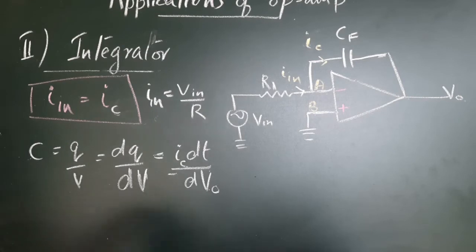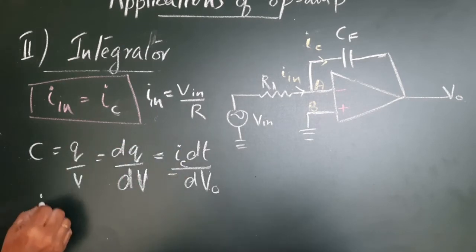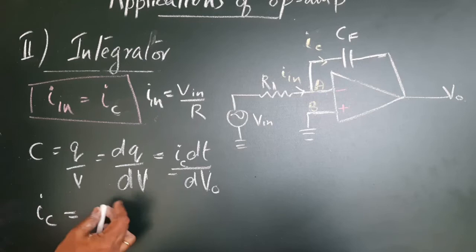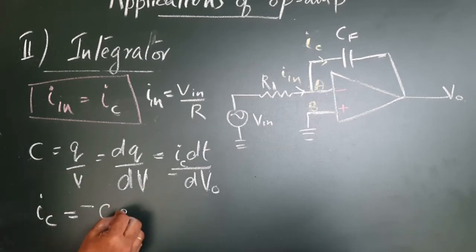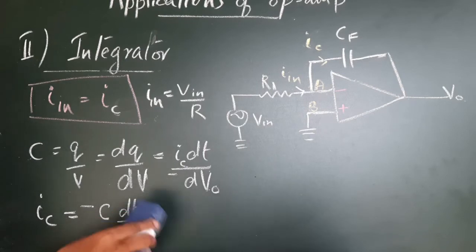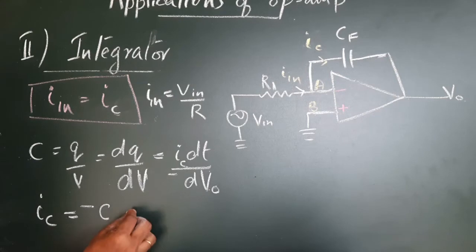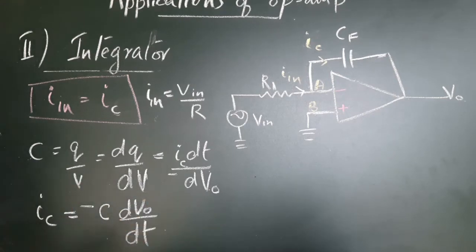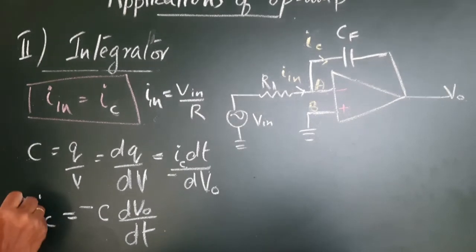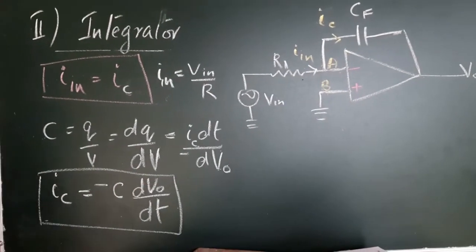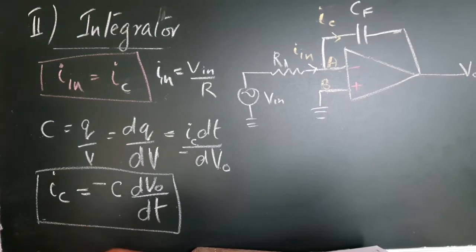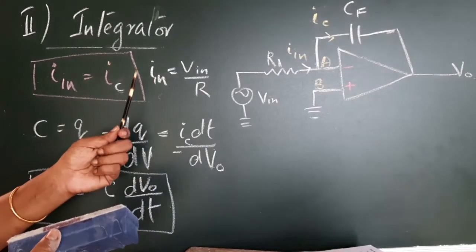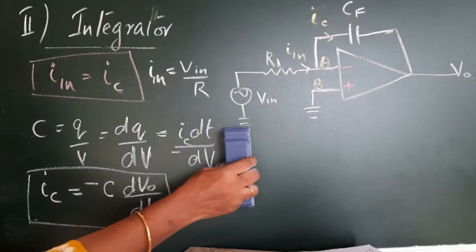So from this concept we will rearrange for IC. IC will be equal to minus C dV0 by dt. So we will make use of this relation for this IC and equate it to this In.